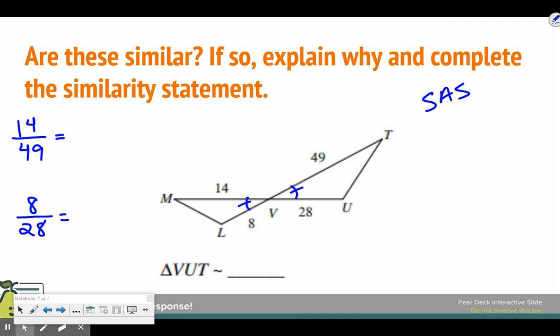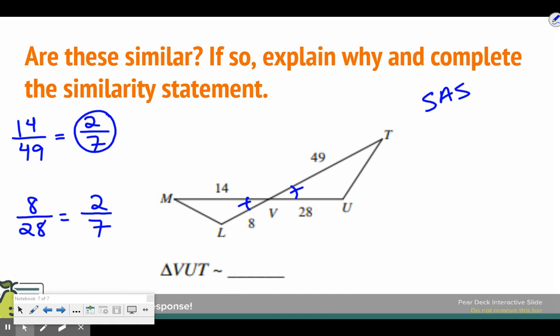We get 2 over 7 for our 14 over 49, because 7 goes into 14 2 times, 7 goes into 49 7 times. And then 8 over 28 simplifies to, again, 2 over 7.